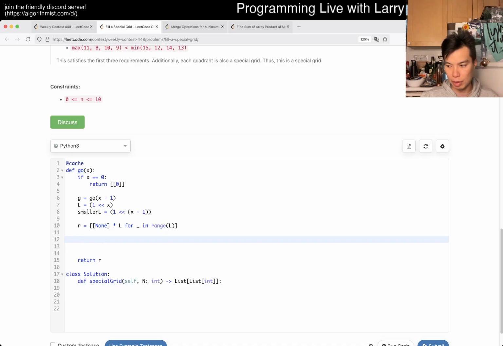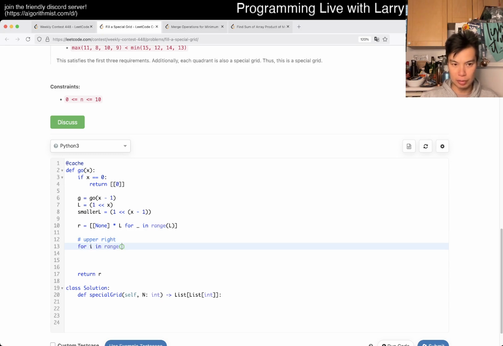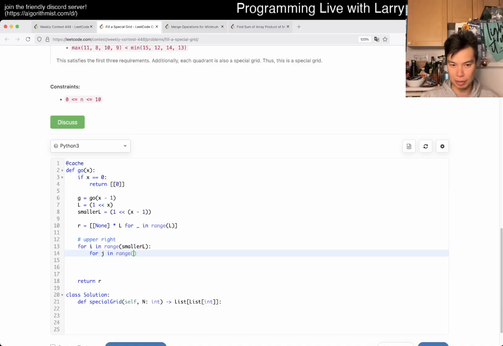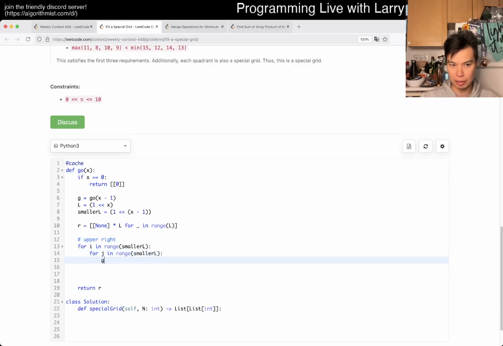So then now we want, okay, right. So then upper right is going to be, okay, for i in range of smaller l, for j in range of smaller l, we want to say g or r of the, so i plus j plus smaller l is equal to g of i.